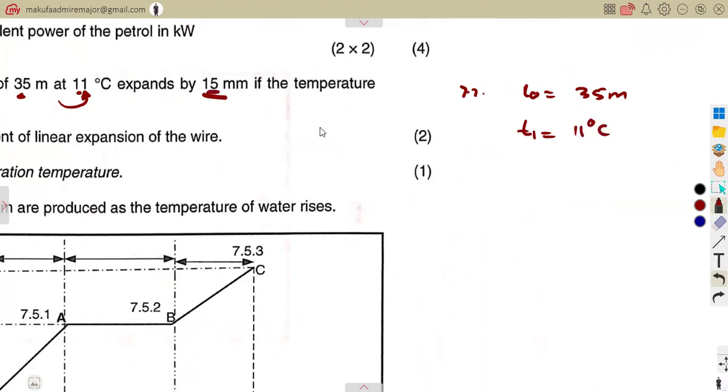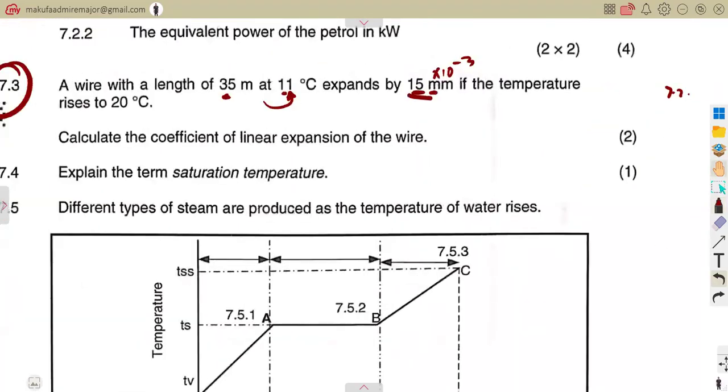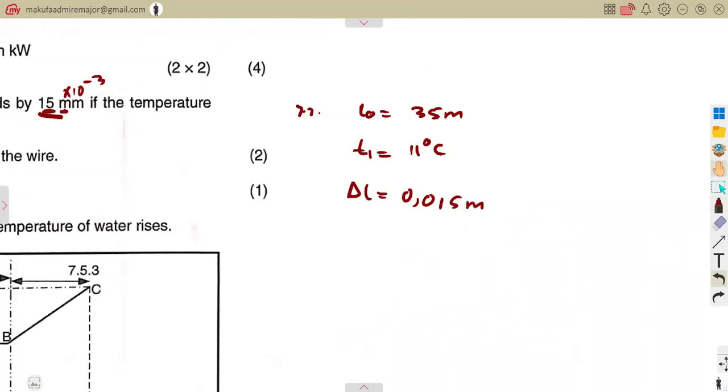It expands by, that is the change in length, 15 millimeters times 10 to the exponent of -3. That will be 0.015 in meters. If the temperature rises to this value, we have got the final temperature at 20 degrees Celsius. So it's from initial to final.